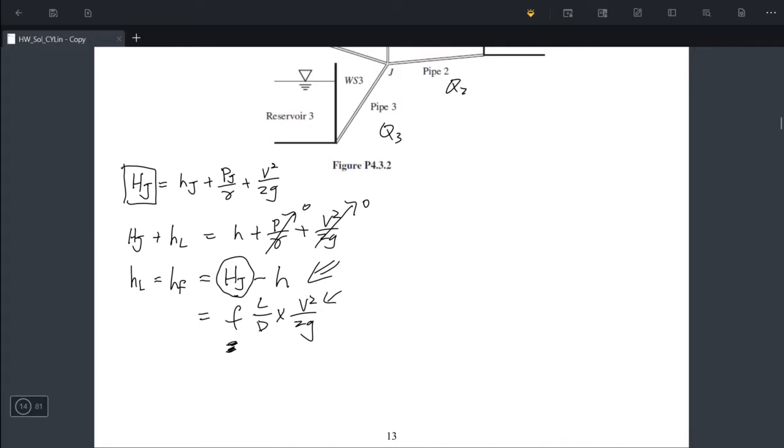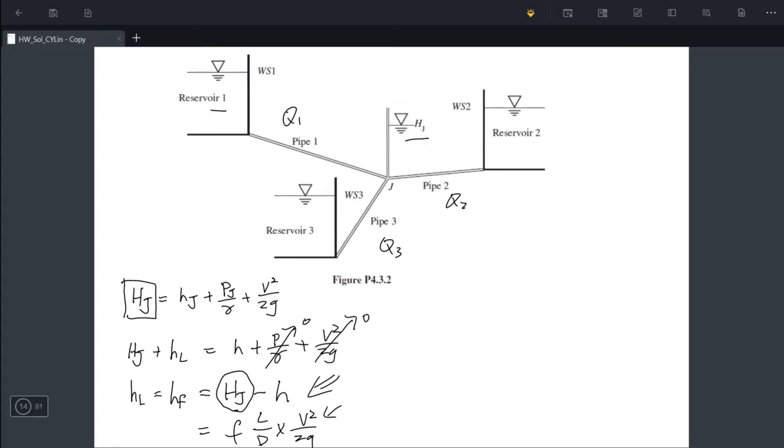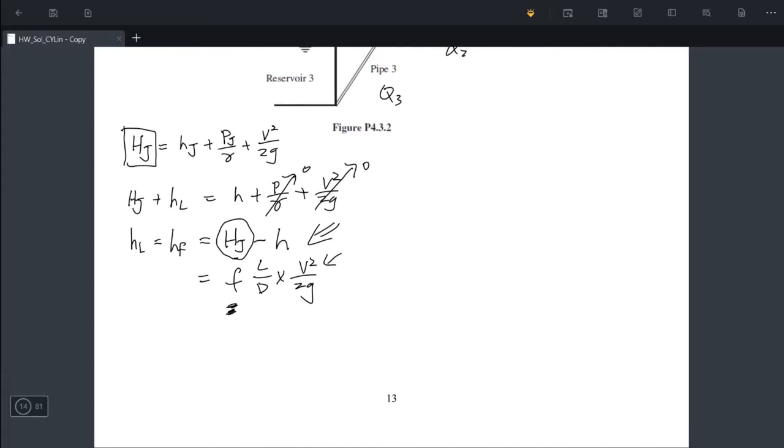So in this case, we will have the Hj unknown, F unknown, and velocity unknown. And here we have the 3 reservoirs, so we can have 3 different energy equations. Then we should be able to solve that, because 3 unknowns with 3 equations.